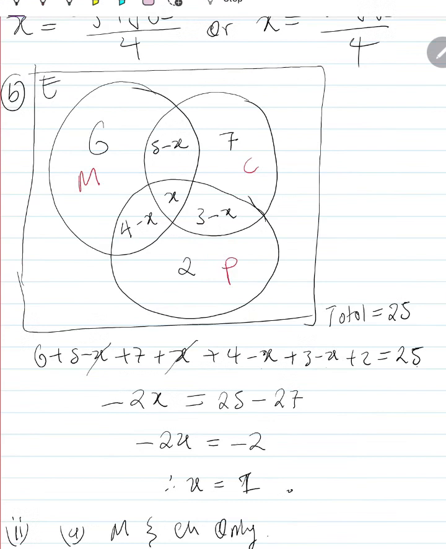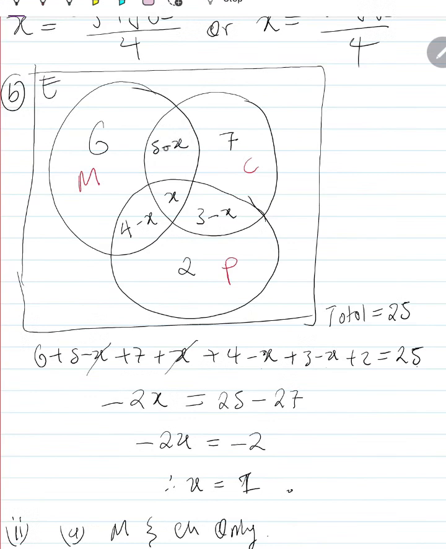So they're saying mathematics and chemistry only. All right, so we want math and chemistry only. So we are just going to look at the intersection of students who did mathematics and chemistry.